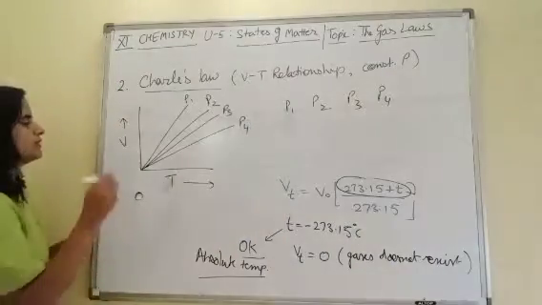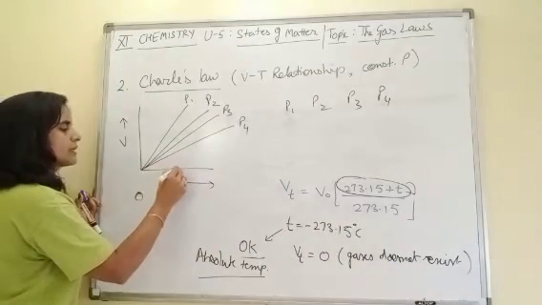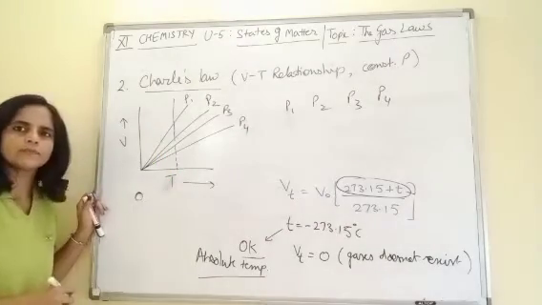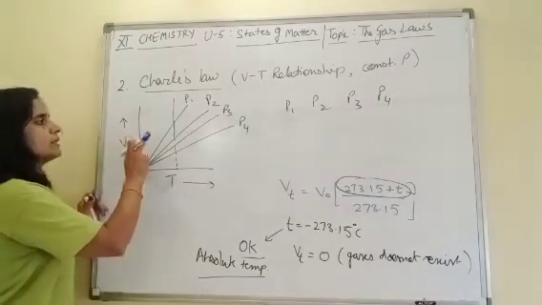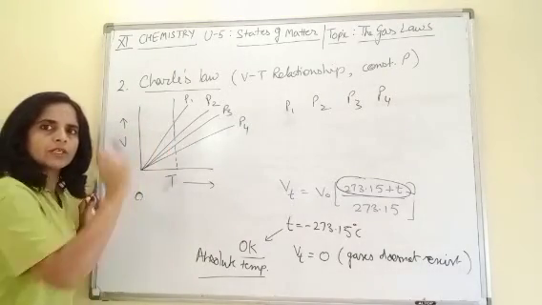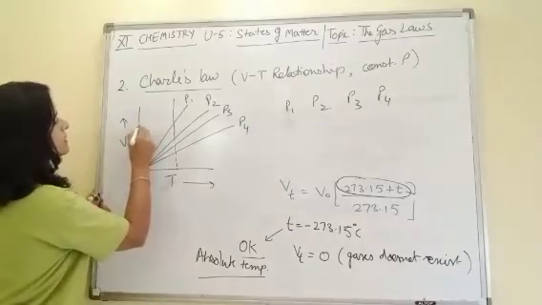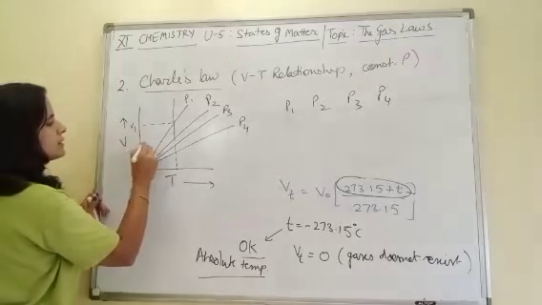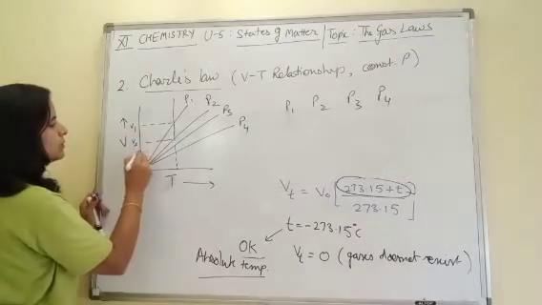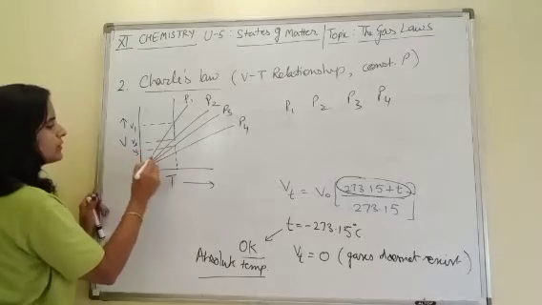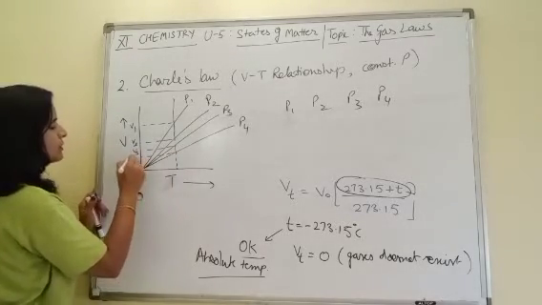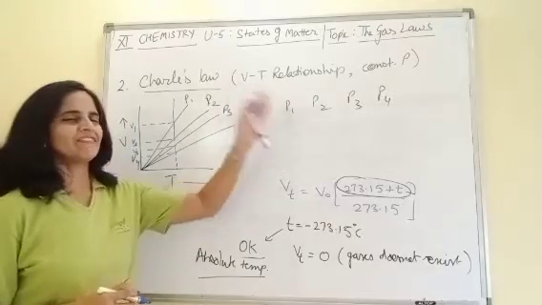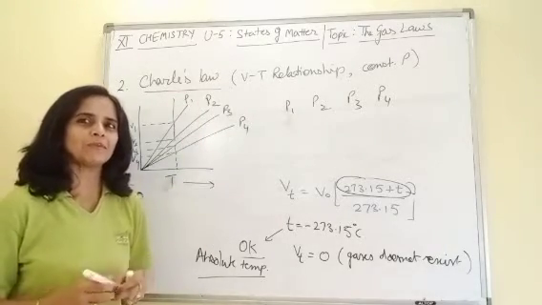For example, if I keep temperature constant, let us take this temperature. This is the constant temperature. Now take the values of volume and pressure corresponding to this temperature. This is for the first one, P1, V1. P2, V2. P3, V3. And P4, V4. Now I think you must have decided the relation between P1, P2, P3, P4.